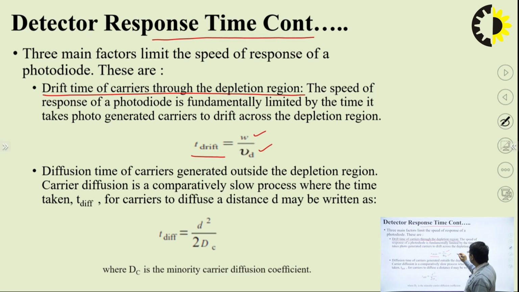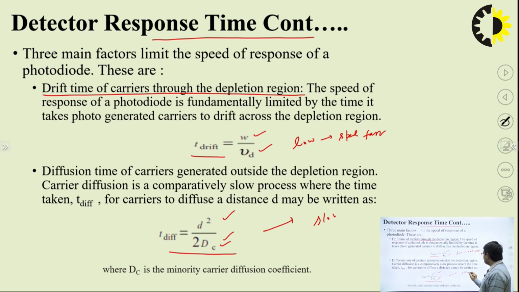So it will be low, or speed will be fast. Then diffusion time will be d square by 2 DC, where DC is the diffusion coefficient and d is the distance. Diffusion is a comparatively slow process, making the overall speed of the photodetector slow.